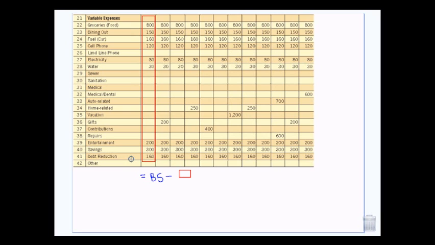So that's kind of nice. It's fast that way.